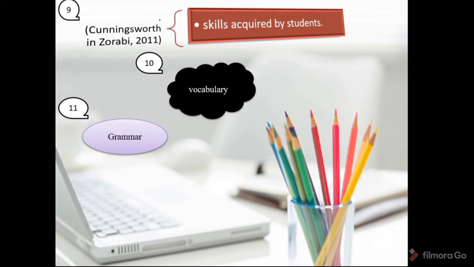Eleventh element, grammar. Grammar is usually an obstacle for students learning a foreign language. Therefore, Zohrabi 2011 explained there are several ways curriculum developers can help teachers in teaching grammar in the classroom. Namely, grammar is taught according to the purpose, needs, and level of ability of students.